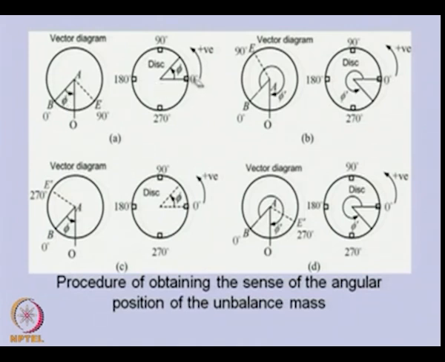In the actual disk, if this is the 0 reference, the phi, which is the residual unbalance orientation, will be given here, and for different cases it is given here. If the intercept is at another location, how we can obtain it is provided in these figures.